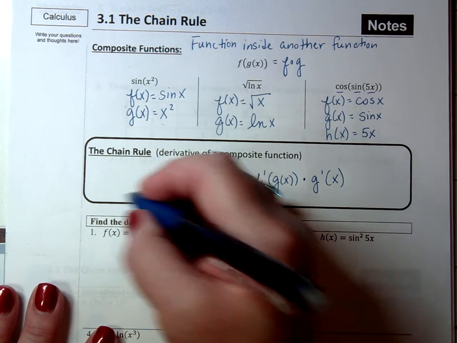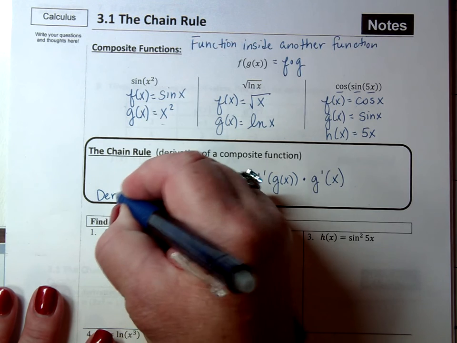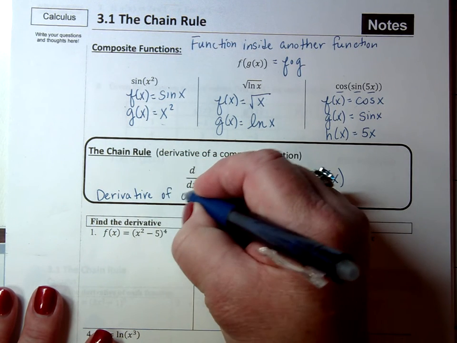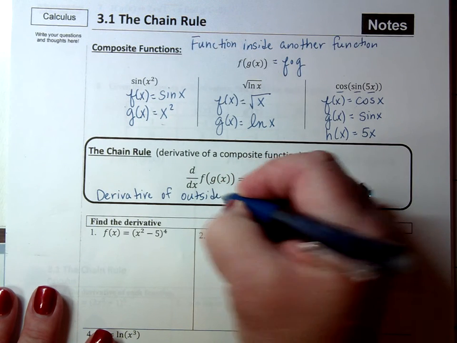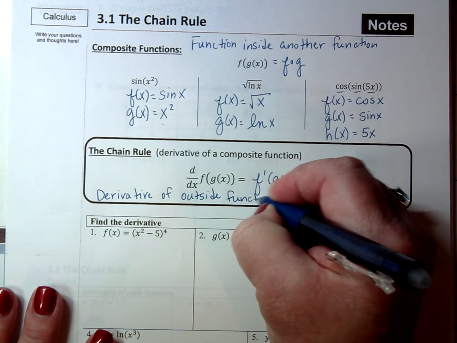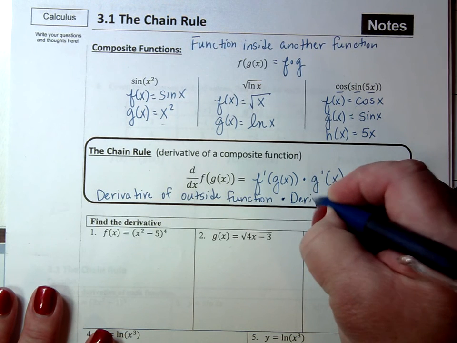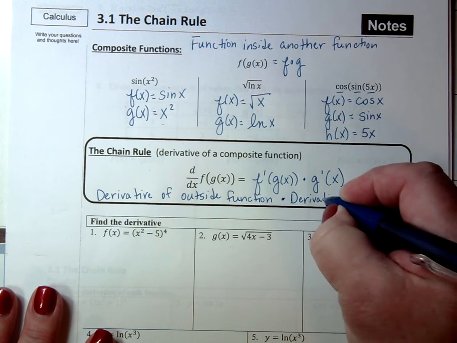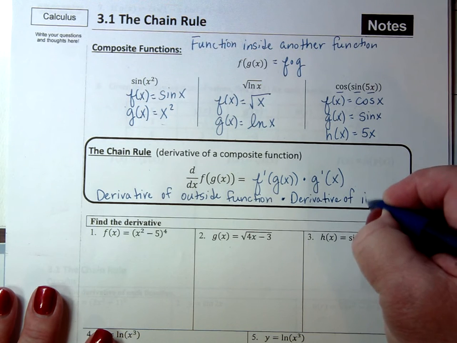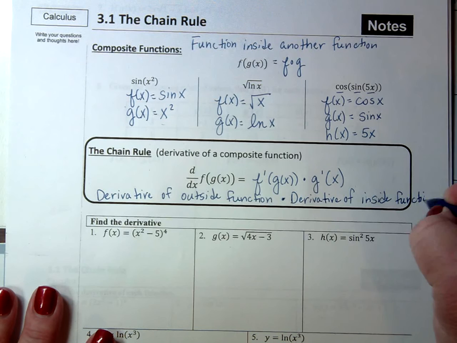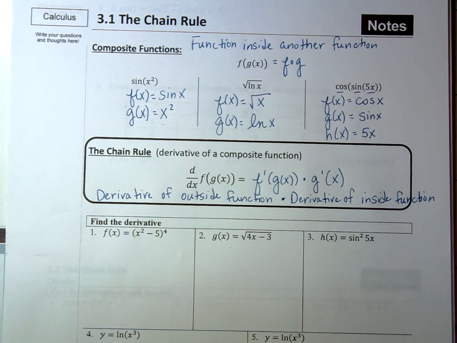So what that kind of means is you take the derivative of the outside function and multiply it by the derivative of the inside function. Generally speaking, that's what you're doing. All right, so let's try some and see.